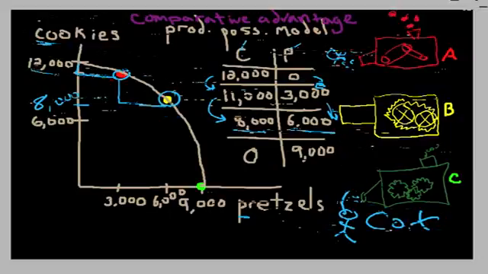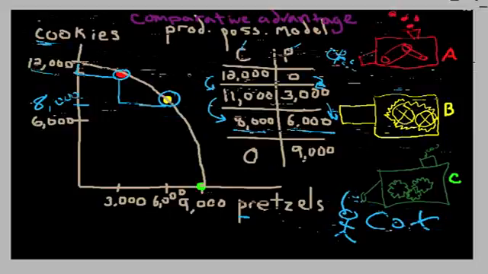What does he mean by comparative advantage? What's going on? What he means is that machine A loses 1,000 cookies. The opportunity cost for machine A of increasing production by 3,000 pretzels is the 1,000 cookies he loses. Maybe you saw my other production possibilities discussion about increasing opportunity costs.